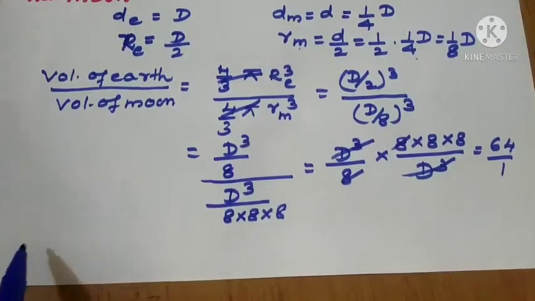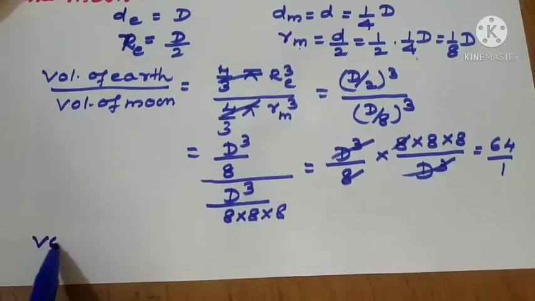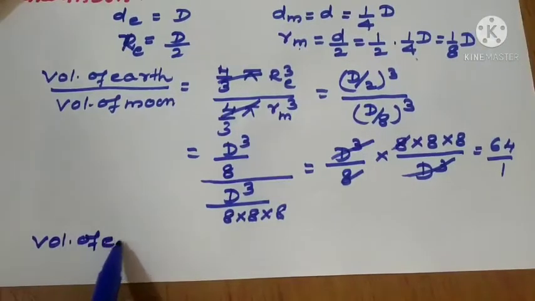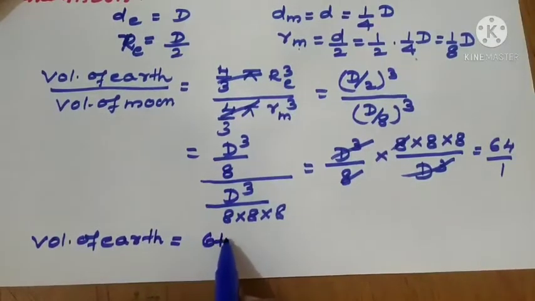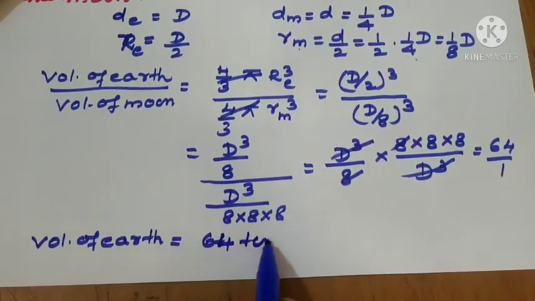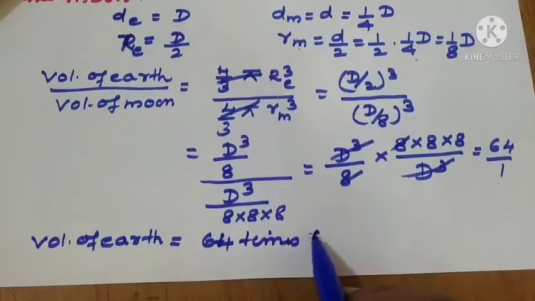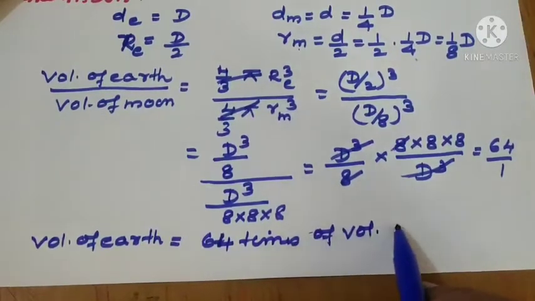So volume of the earth equals 64 times volume of the moon.